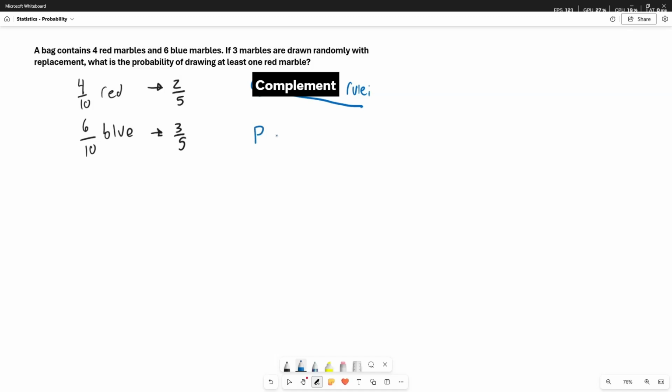So the probability of at least 1 red is the same as 100% minus the probability of not red. So in other words, because we're looking at the other side, we're looking at the probability of getting blue for 3 turns.